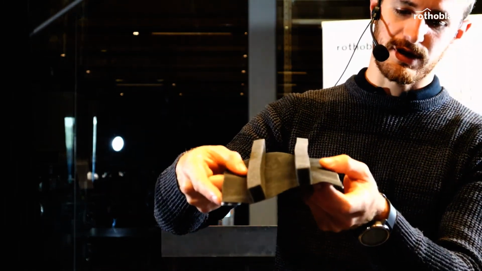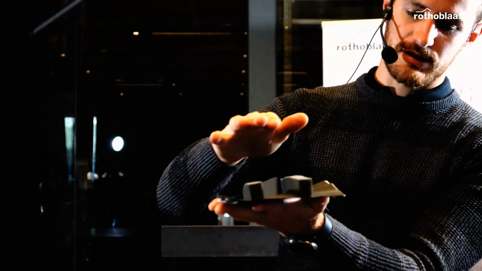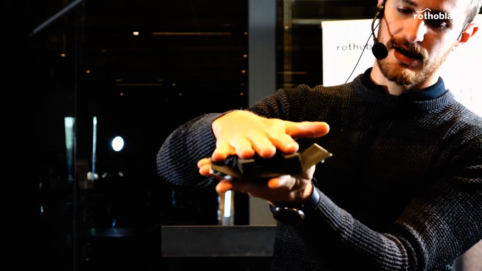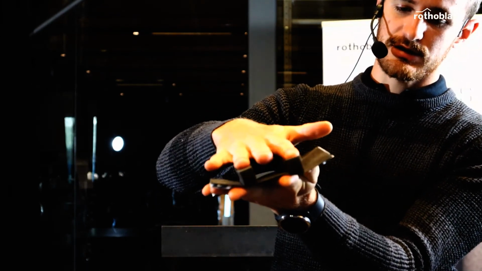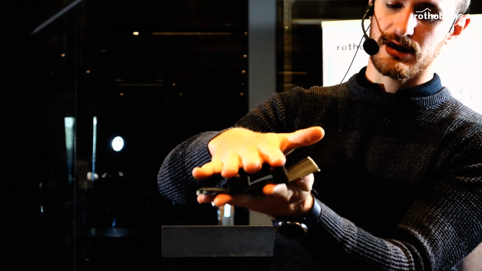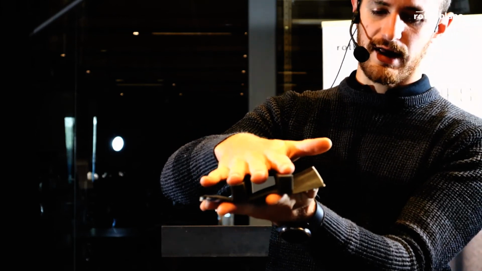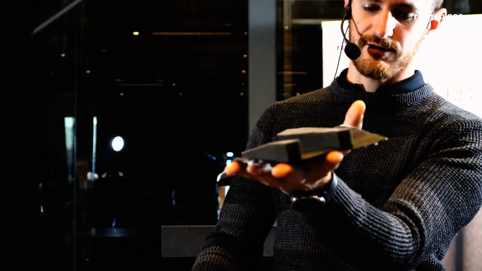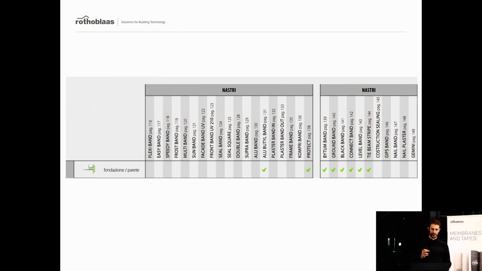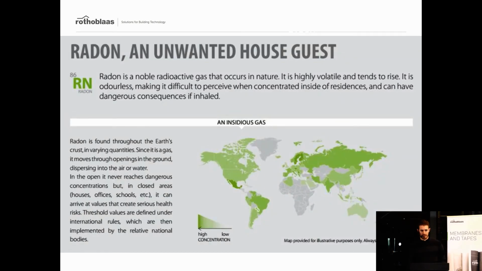This one works pretty much the same way. Again, here you have this soft part, which is basically closing every single gap that you have. And so you can see here a list of the Rothoblaas products that you can use for this reason.